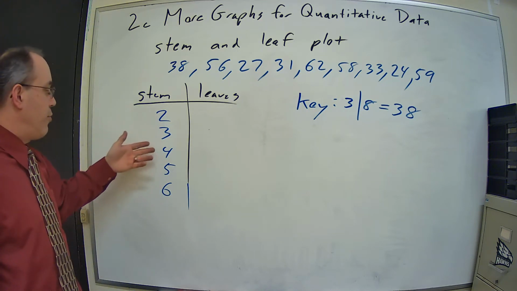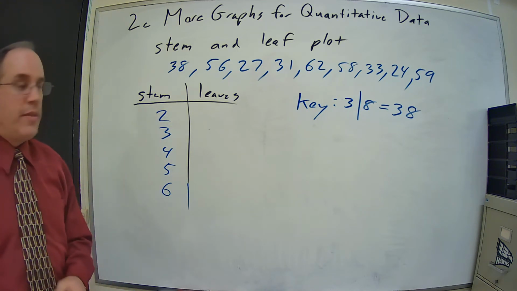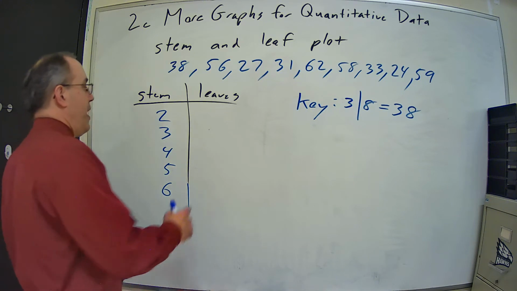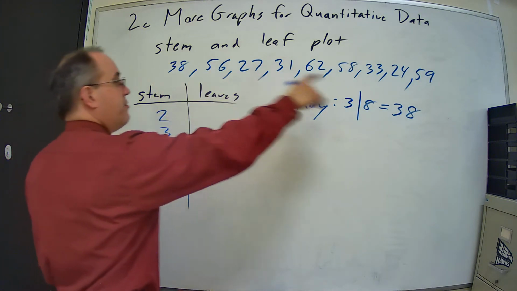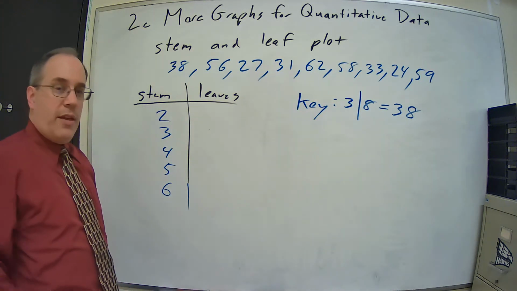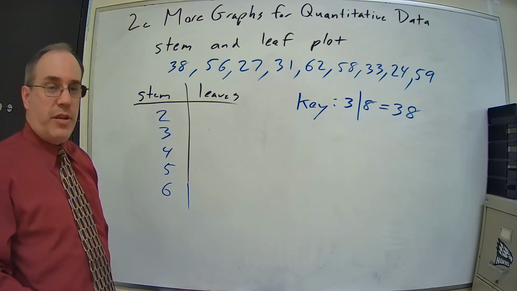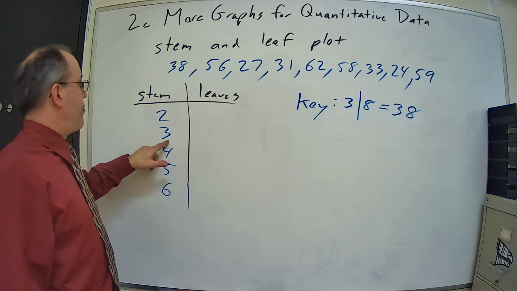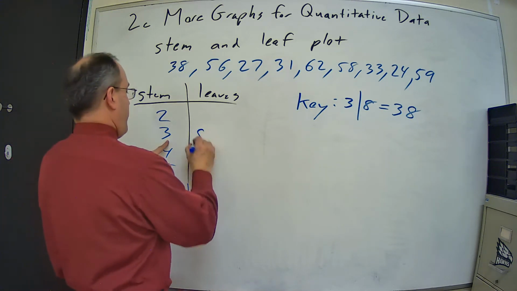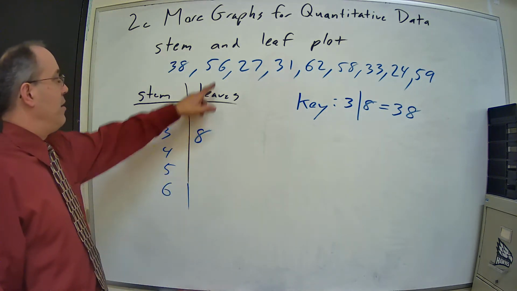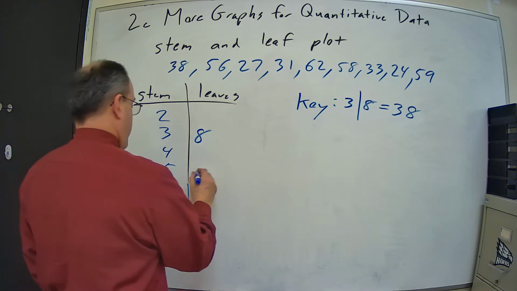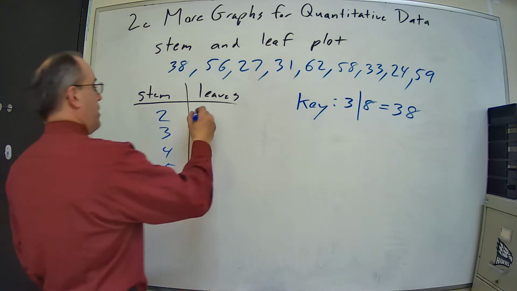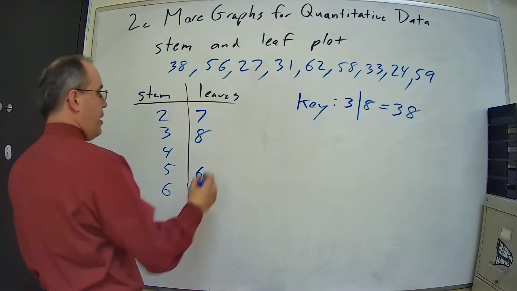The 20s, the 30s, the 40s, the 50s, the 60s. Then I'm going to put the leaves on this side. Now when I create the leaves, I'm just going to look at a data value and say, okay, that's a stem of 3, a leaf of 8, and I put it over there. 56, 5, 6, 27, 31.